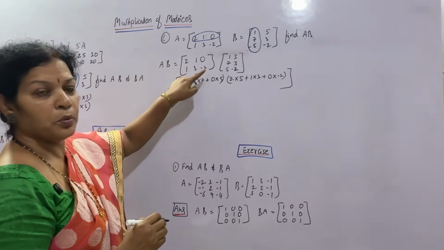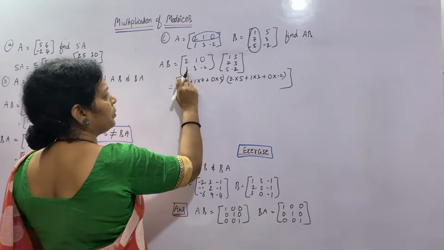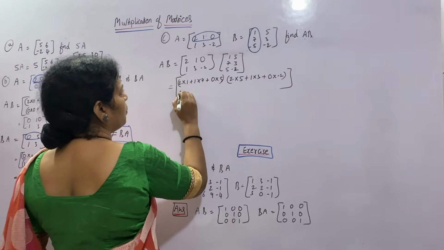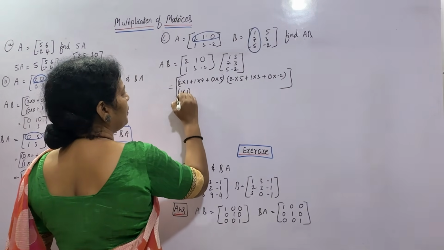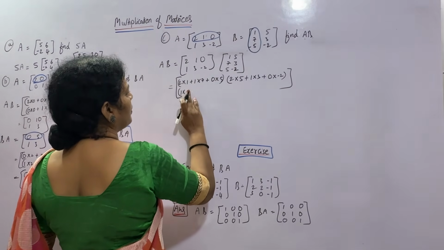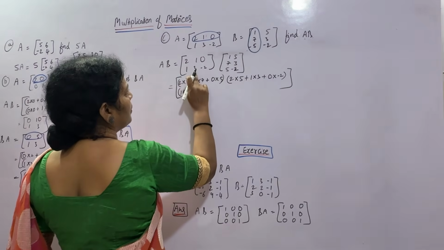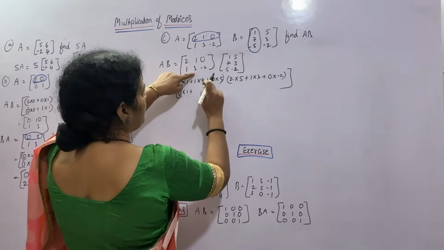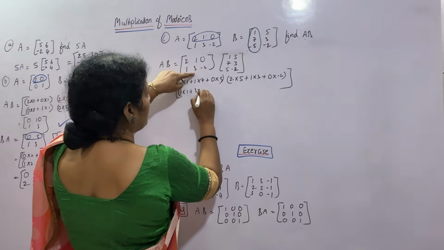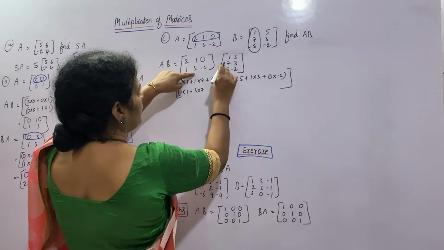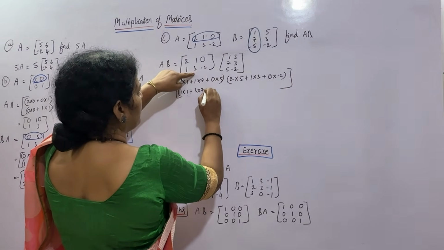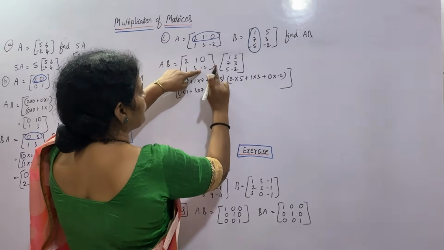Now second row we will take with the columns. Second row is this one only. So 1 into 1 plus 1 into 1, 3 into 7 plus minus 2 into 5.